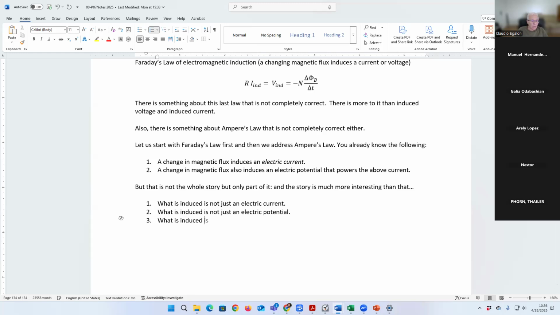What is induced is something else that is far more general, and it is this something else that gives rise to the induced current and the induced electric potential.